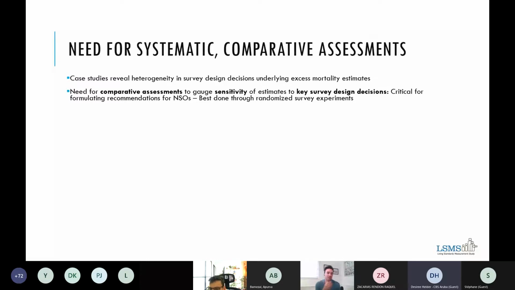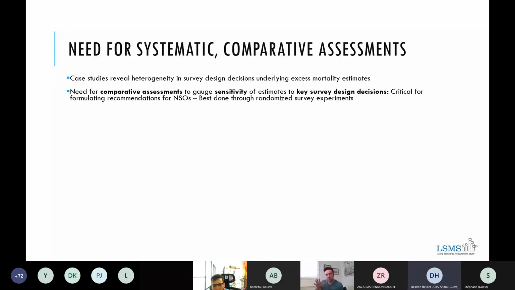And these comparative assessments should be done through randomized survey experiments that are planned explicitly and ex ante with a specific objective of gauging the sensitivity of these estimates, rather than working in the pandemic-induced environment that we've been working in, where we all have done our best to cobble together whatever sources of data we could lay our hands on to give some idea about the sensitivity of our estimates. So we need to be a lot more deliberate.